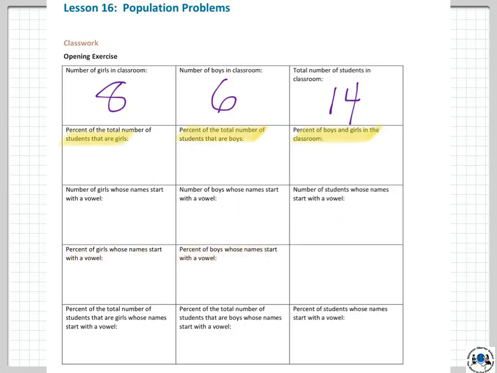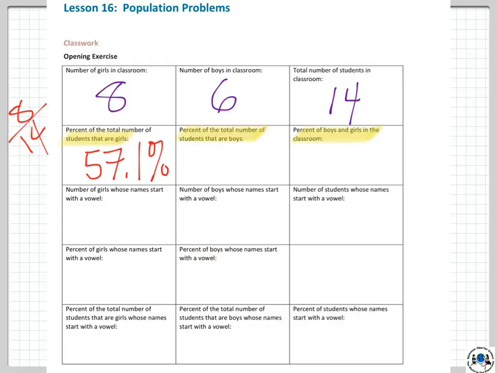I guess I filled this in when I did my strokes ahead of time. So for the percent, of course you know what we do, we divide: 8 divided by 14. That's how we're going to get our percent here, and this is approximately 57.1%. So 57.1% of the total students in our class are girls.